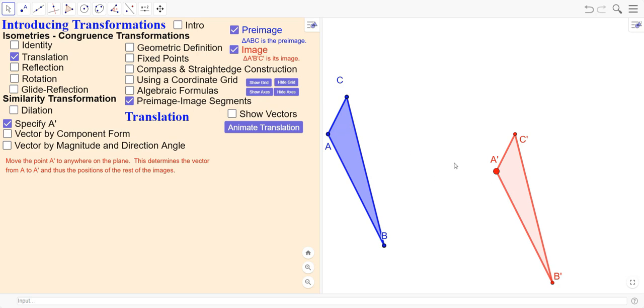Well, you might be able to see that we can just slide this across here, but one of the ways you can see this is just to connect a pre-image and image point. And then what you should notice is those line segments that we have, if we put the arrows on the right end, become the same vector. They are the same length and parallel. So if you connect a pre-image to image point, that gives you the same length and parallel line segments. That gives you what we want here. Okay, it gives you a translation. You can see it's a translation.